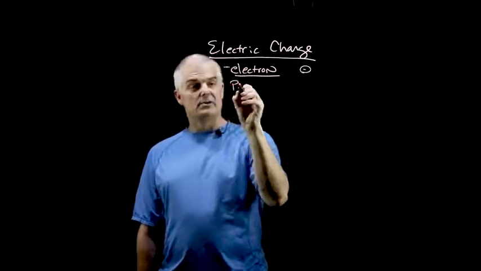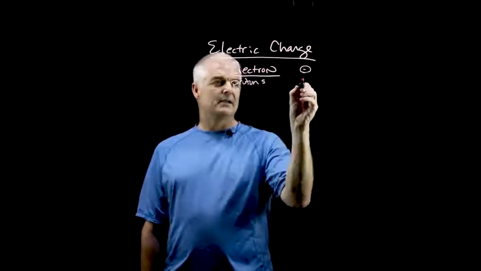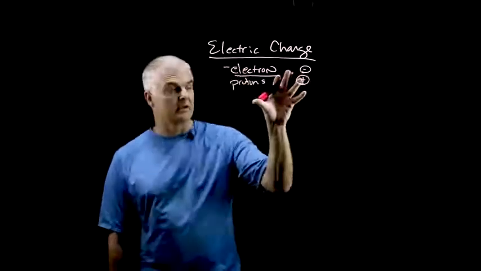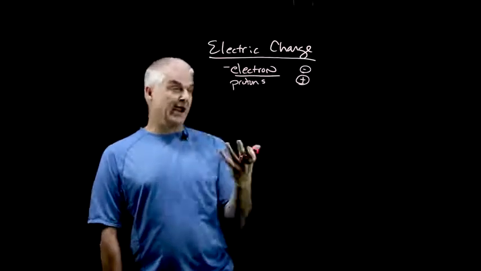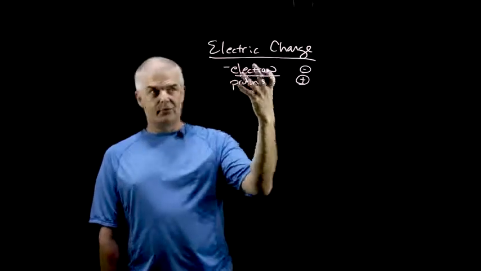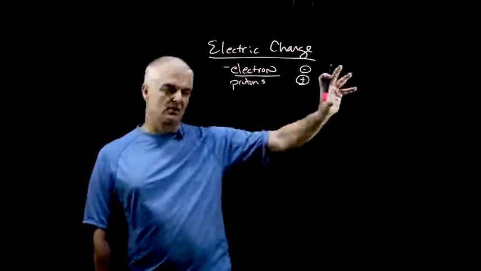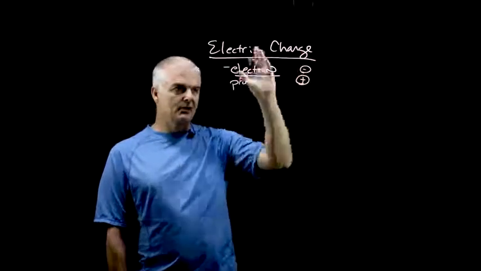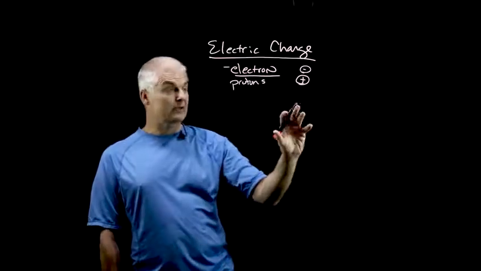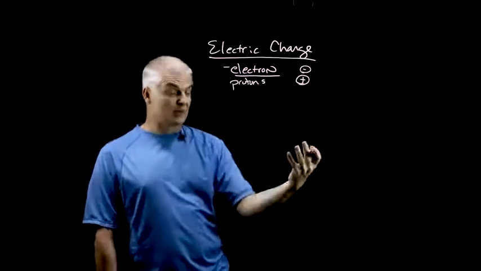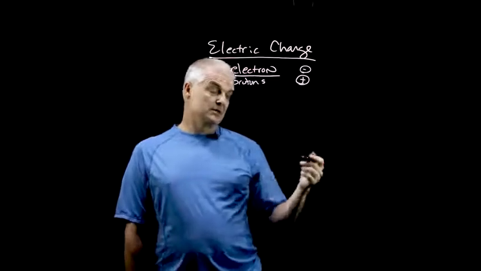Also, by the way, there are protons, right? And they have a positive charge. That's important because that plastic thing was made of protons, neutrons, and electrons. Neutrons have no charge, and so they don't apply here. What I'm doing is I'm actually stripping away the electrons and transferring them to the wool.